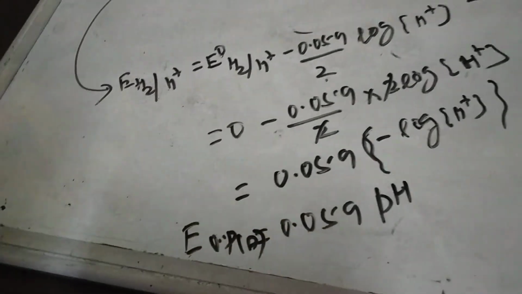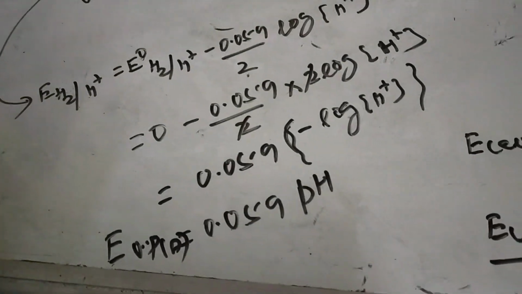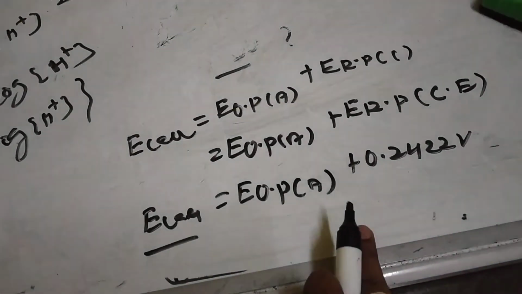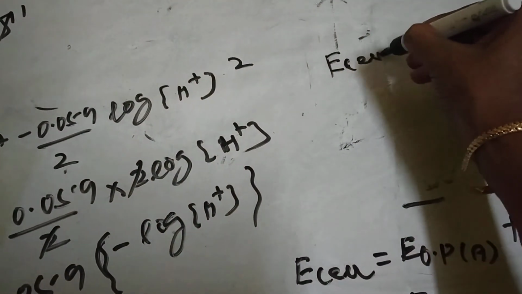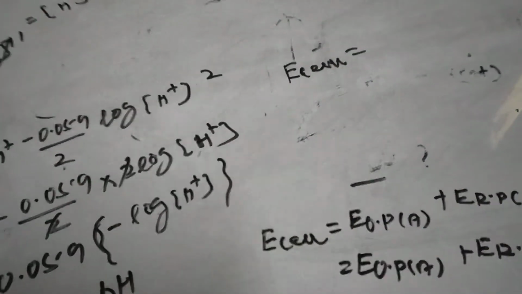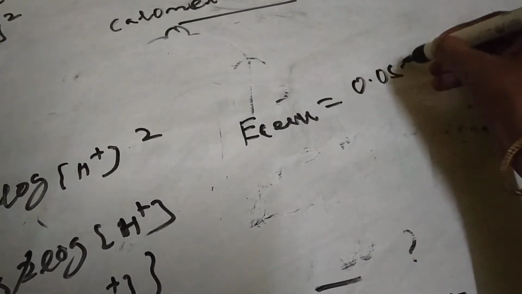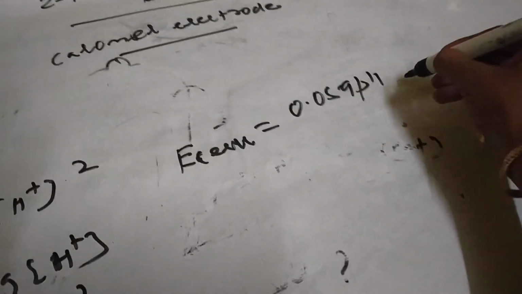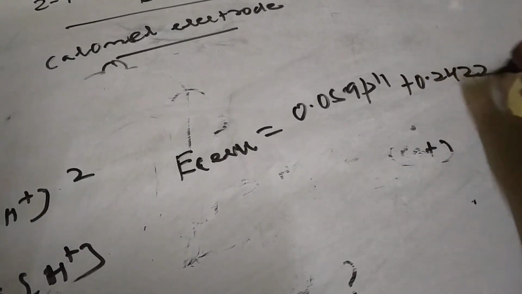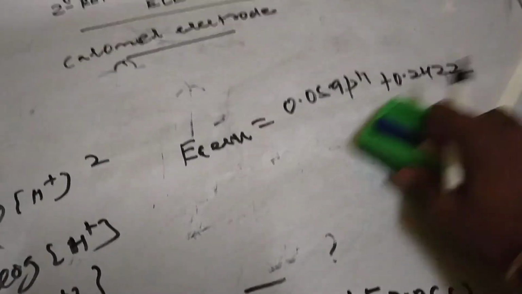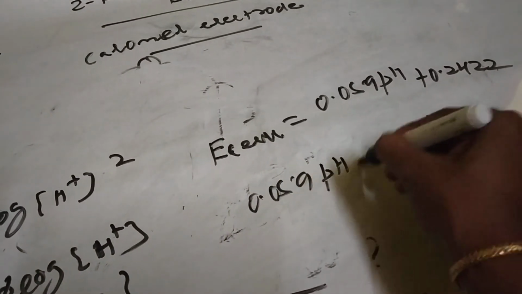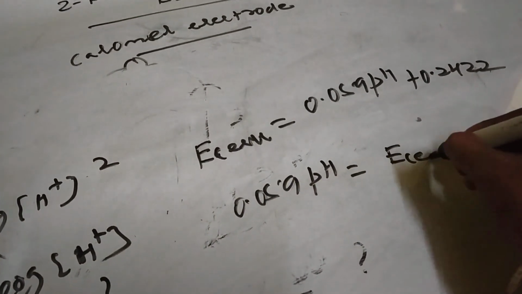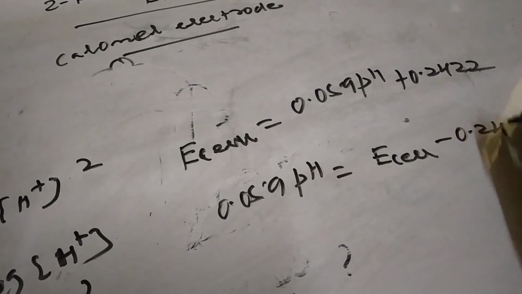Already you know. So now if I put this value in this equation, then E cell is equal to E oxidation potential at anode, which is 0.059 pH, plus 0.2422. So that implies 0.059 pH is equal to E cell minus 0.2422.